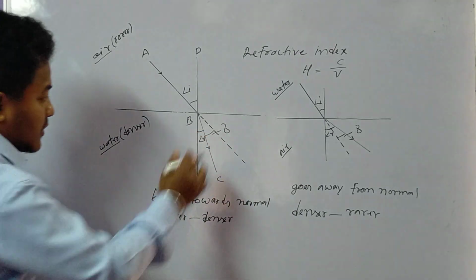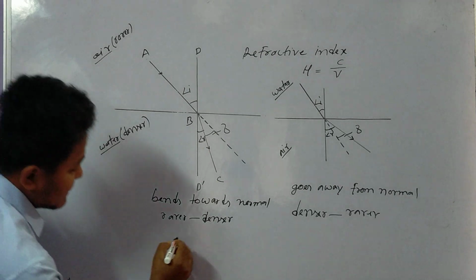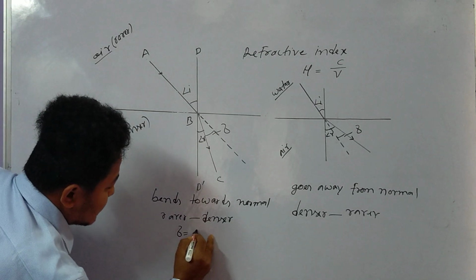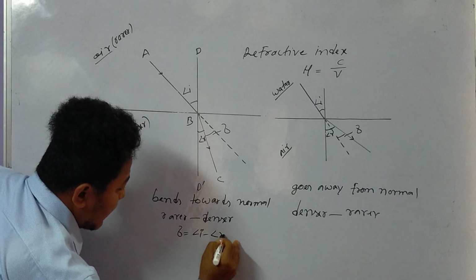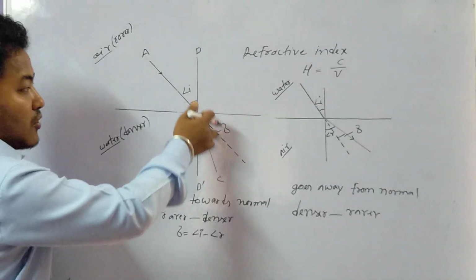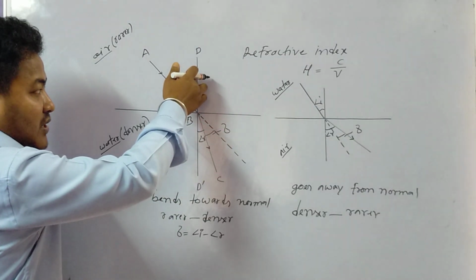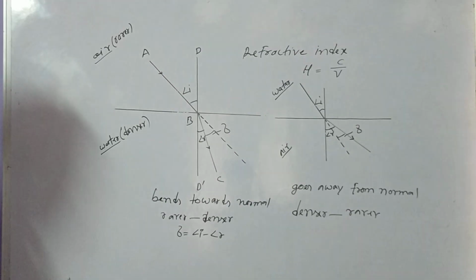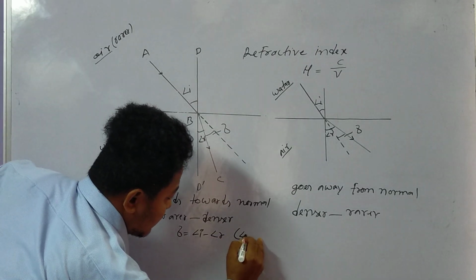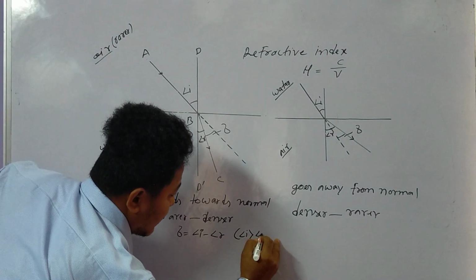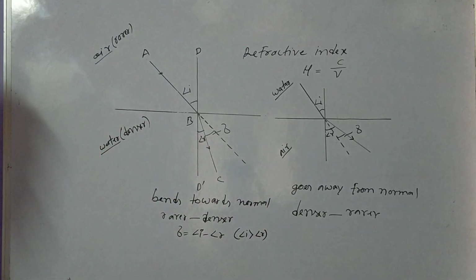So angle of deviation in the first case I can calculate as delta is equal to angle I minus angle R, because the incident angle is greater than the refraction angle. Is that clear to all of you?